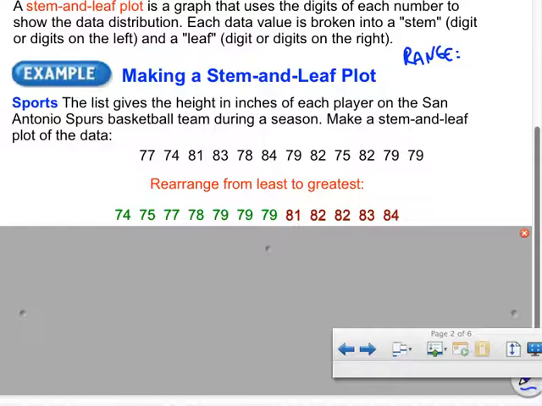Okay, we subtract the maximum or the upper extreme, or actually given the maximum, we take away the minimum, the lower extreme. So the maximum is what? 84, so we're going to have 84, and then we're going to take away what? Minus 74. So what is the range going to be? The range is going to be 10. All right, so that's a little bit of review.